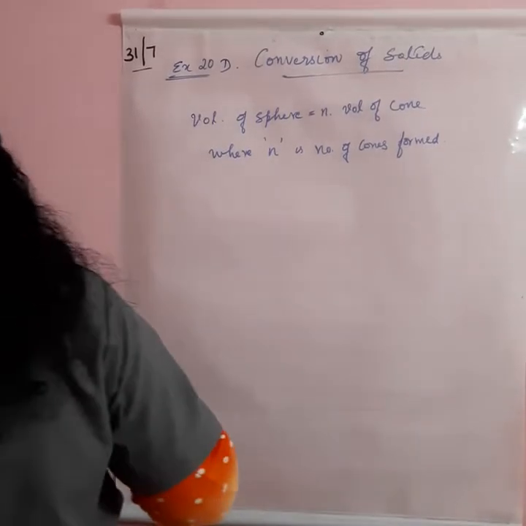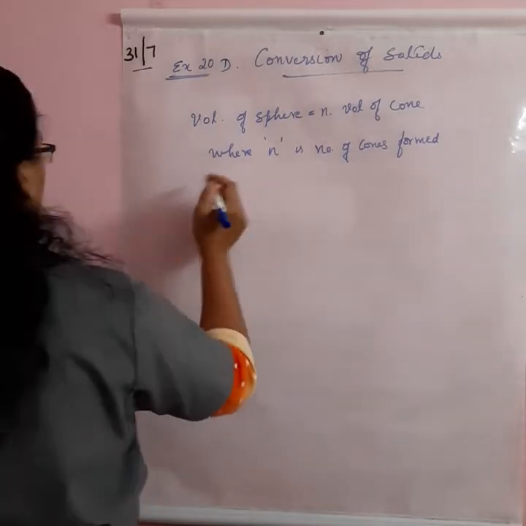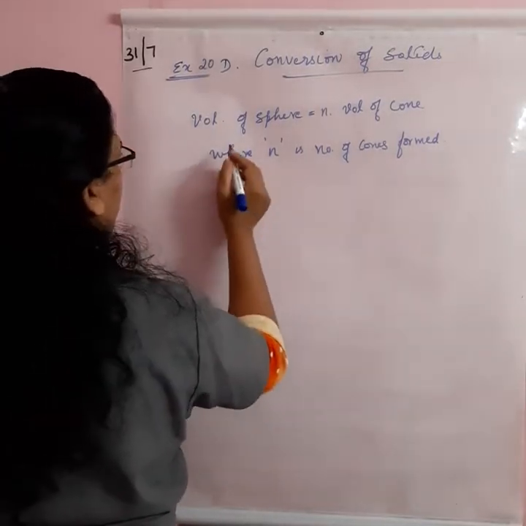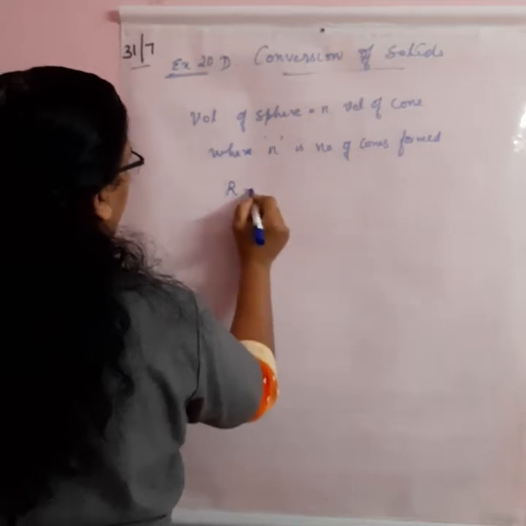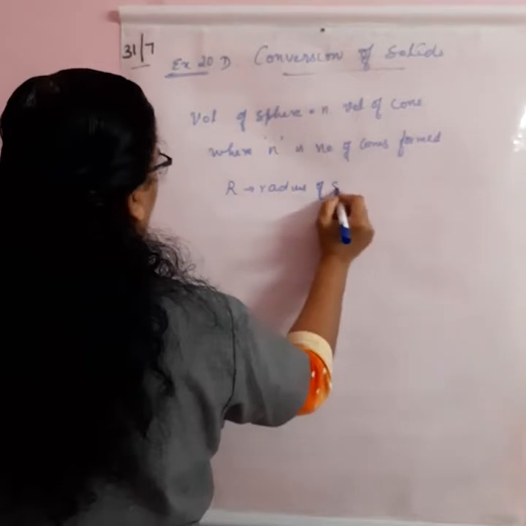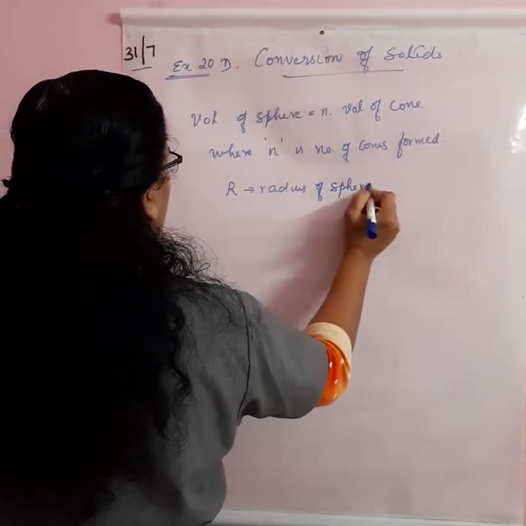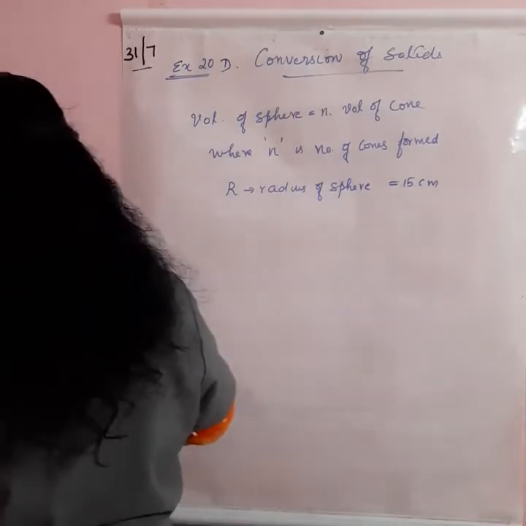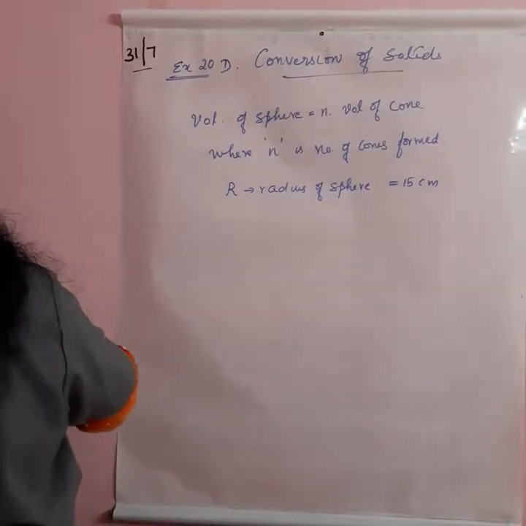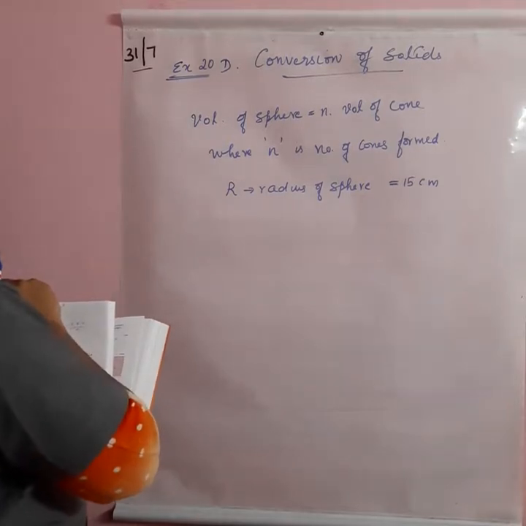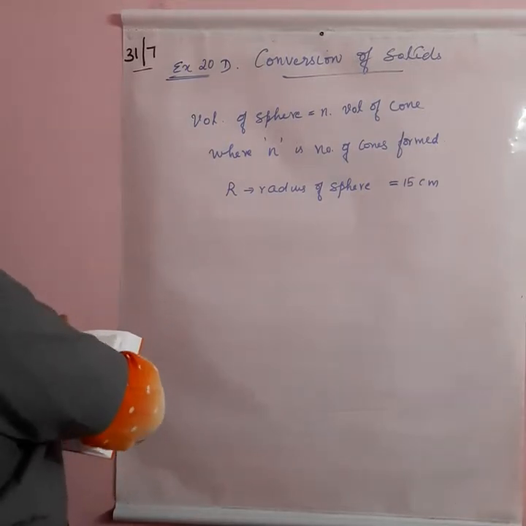Now what is given? Sphere of radius 15 centimeter. Let capital R be the radius of the sphere, and it is given to be 15 centimeters. And what else is given? The circular cones of radius 2.5 and height.